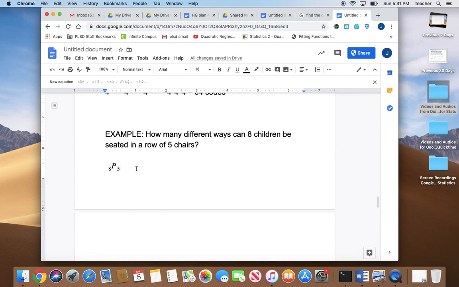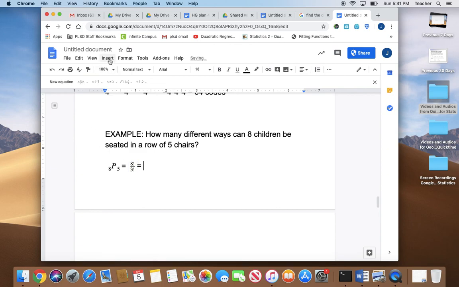So that's 8 permute 5, and that formula says, if you go back to the formula, it's n factorial. So in this case, my n would be 8 factorial over n minus r factorial. So 8 minus 5 is 3 factorial.